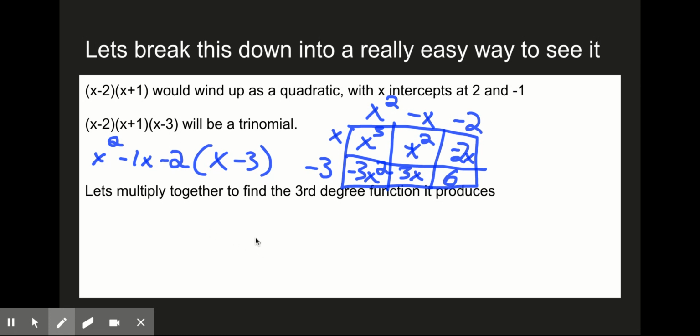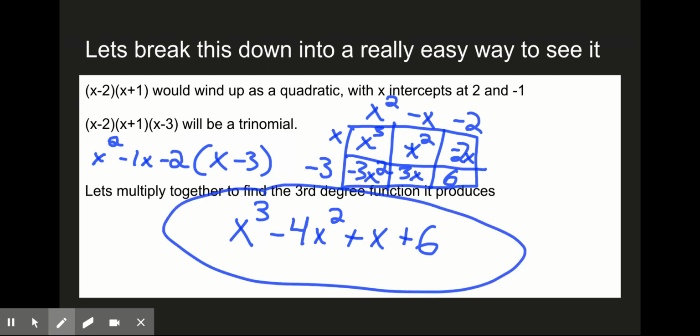So the trinomial that we're producing here is x to the third minus 4x squared plus x plus 6. This trinomial, if I factored it, I could get it to look like this, where these are the 3 factors.